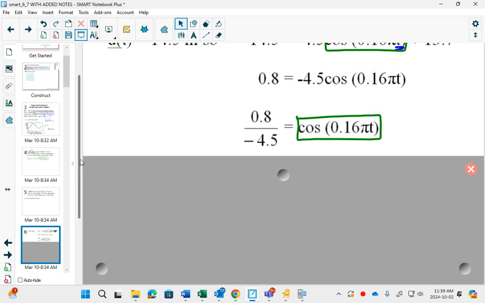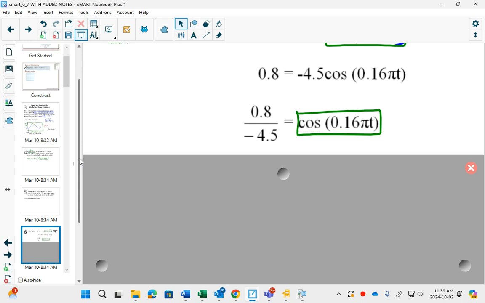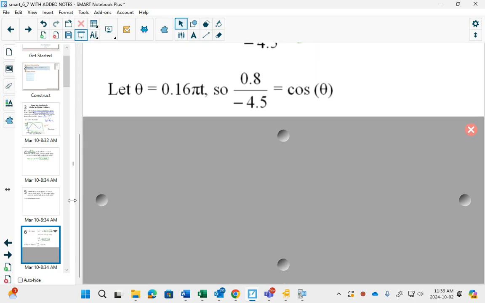So one of the things you can do in math, when things get a little ugly looking, is a little substitution. Why don't we just let theta equal this whole thing on the inside? Because if we do that, this just looks like this. And how do I solve for theta? Well, I'm going to have to use my CAST rule and find my reference angle. How do I find a reference angle?